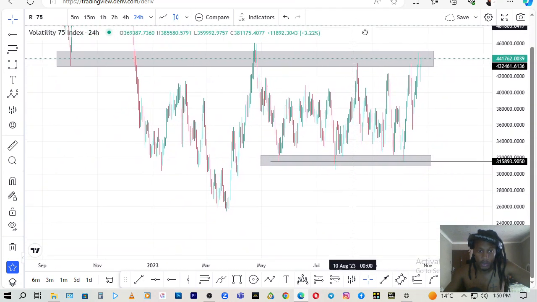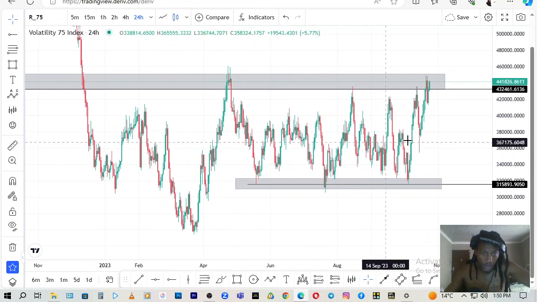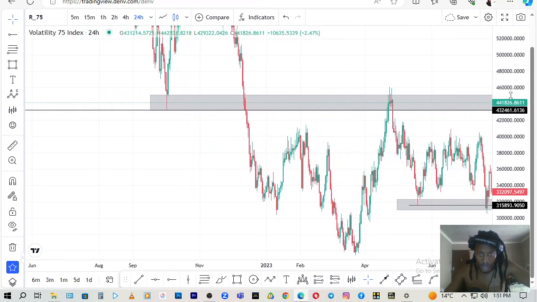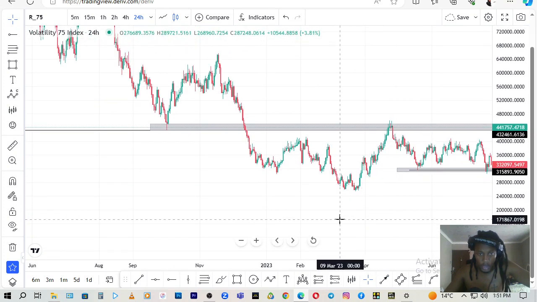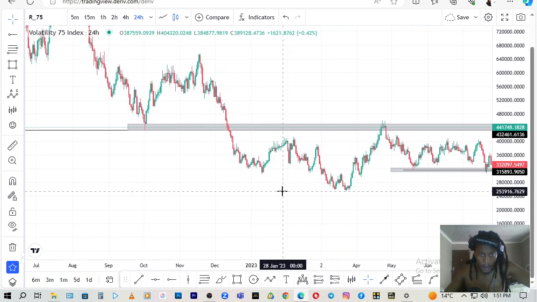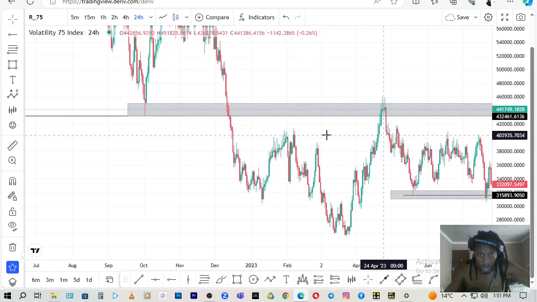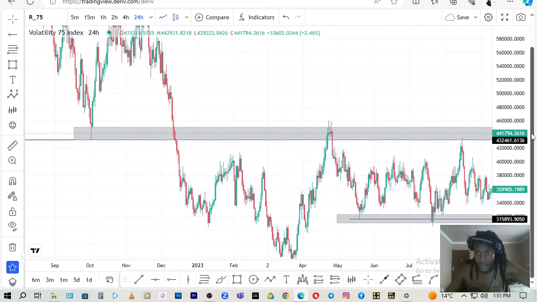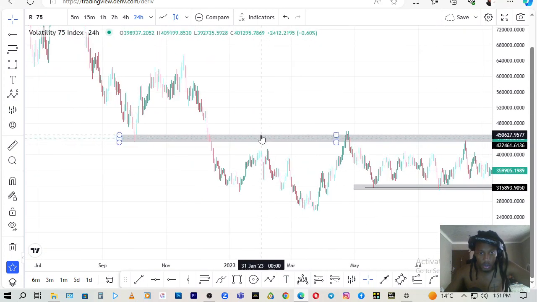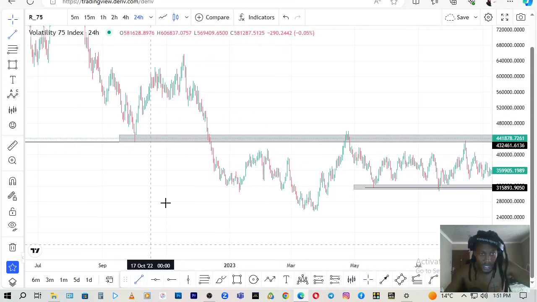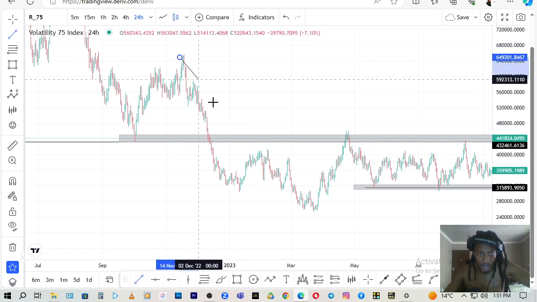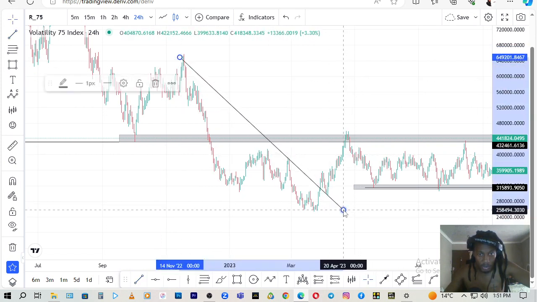Because overall, let me see, I think we broke the bearish trend, because overall we had this, so it hasn't found direction as yet on the daily of where it wants to trend to.